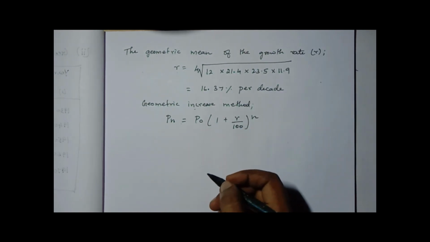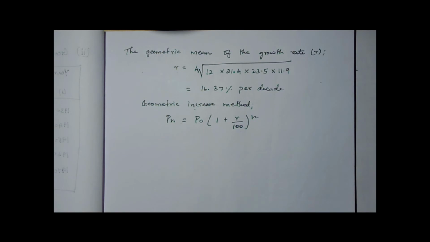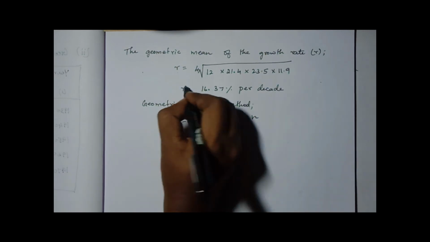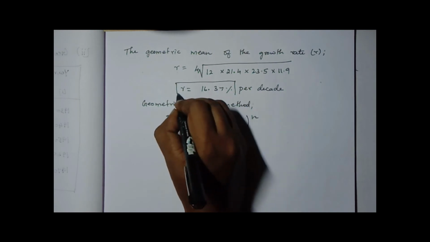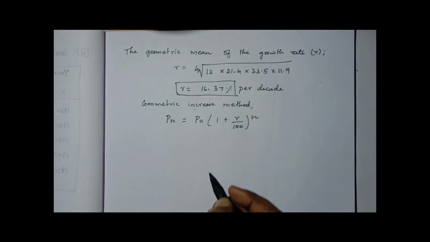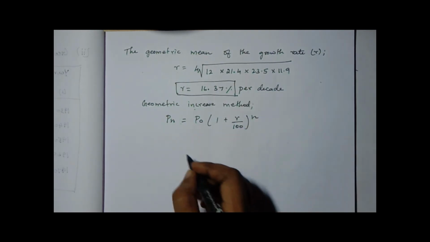So now let us calculate for each decade. They have asked in the question for 1 decade, 2 decades and 3 decades. We need to find for that. Before that, we know that the growth rate r is equal to 16.37 percent per decade.